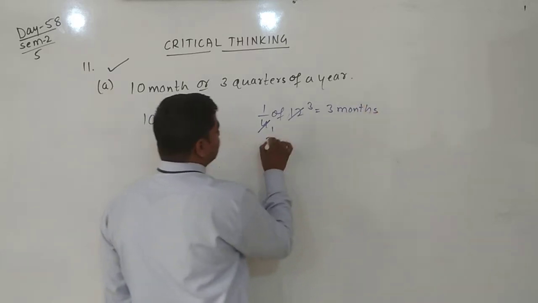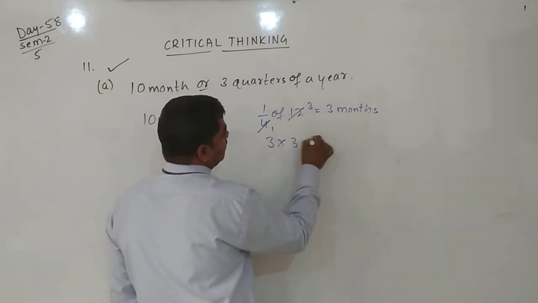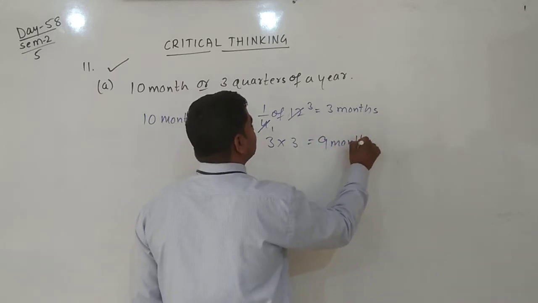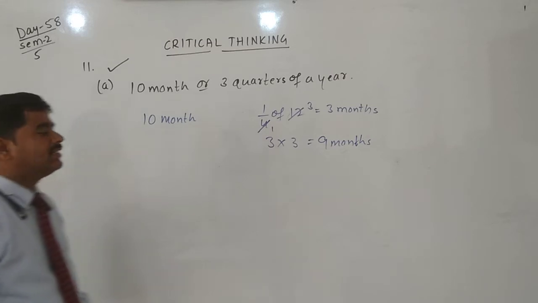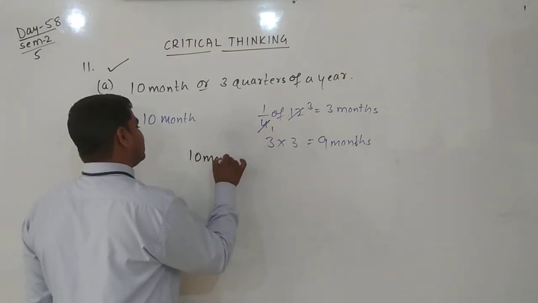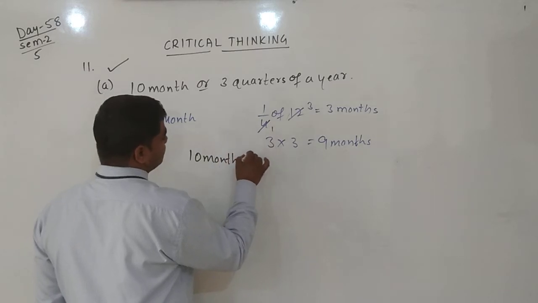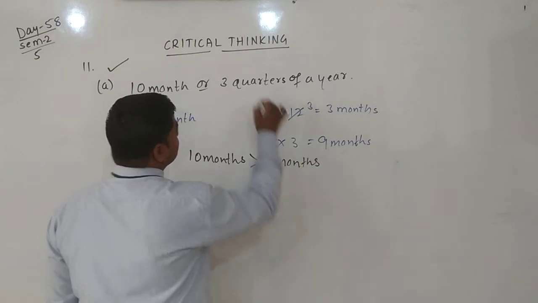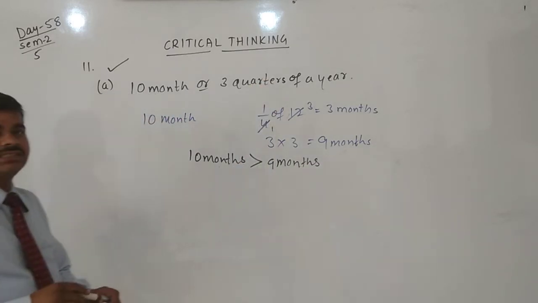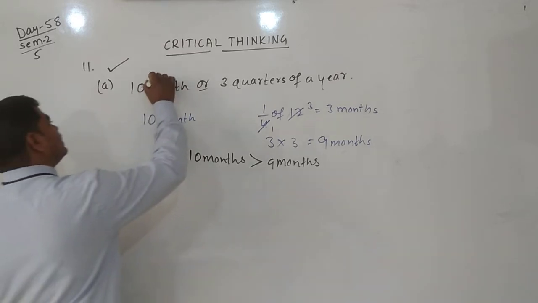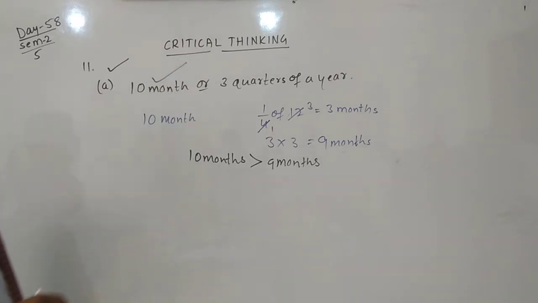Then 3 threes are 9 months. Here you tick which is greater, 10 months or 9 months. 10 months is greater than 9 months, since 3/4 of the year is only 9 months.